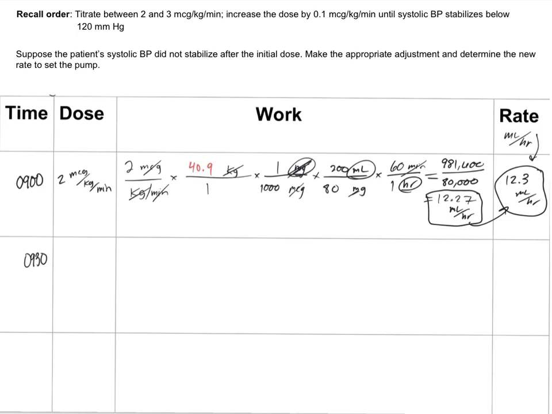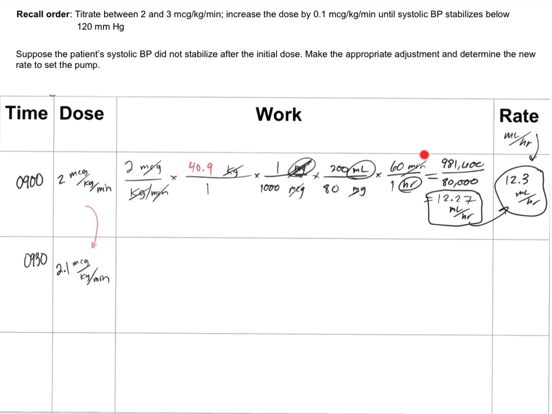Well, according to this problem, we need to increase the dose by 0.1 micrograms per kilogram per minute. So if I were to add 0.1 micrograms per kilogram per minute, I would have 2.1 micrograms per kilogram per minute. So that's great. The dose increased by 0.1 micrograms per kilogram per minute.